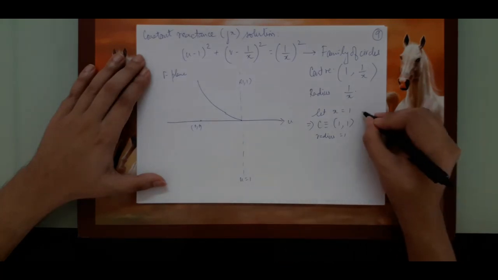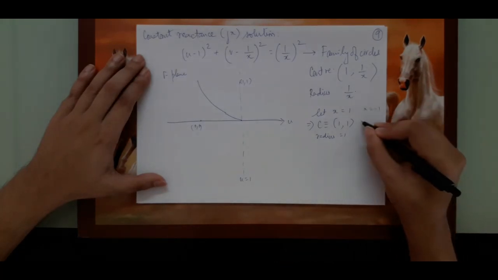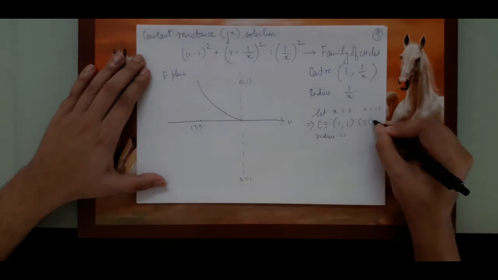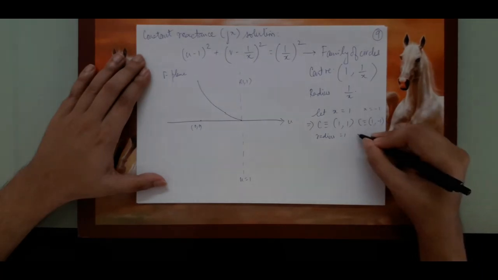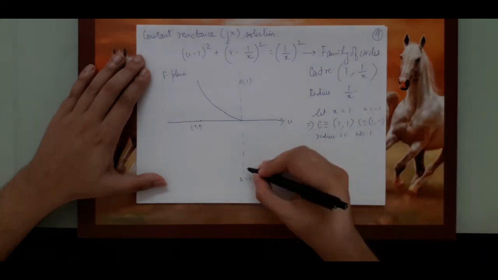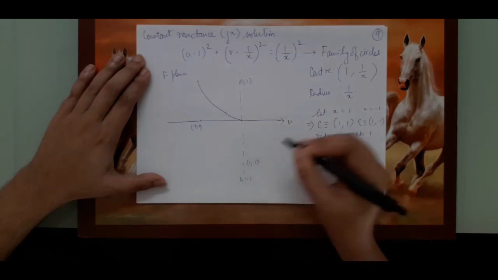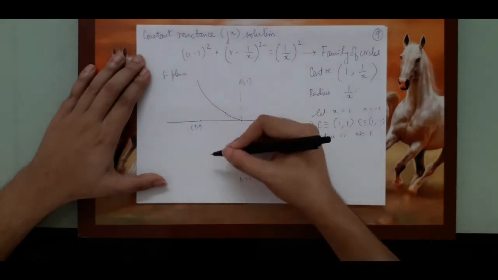Likewise, if I have x equals minus 1, the center will be 1, minus 1 and radius will be 1. So in that case, the center will be somewhere here.